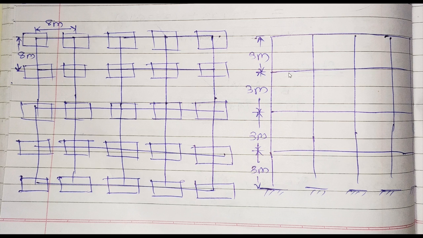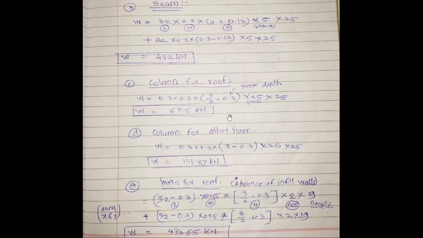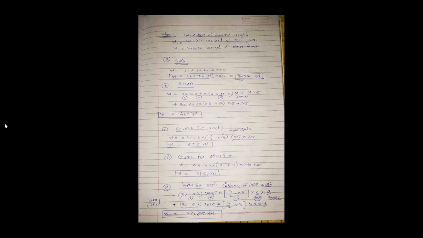That means first, second, and third. For these three floors, W2 will be considered, and W2 multiplied by 3 will be taken out. So I have multiplied by 3 here.